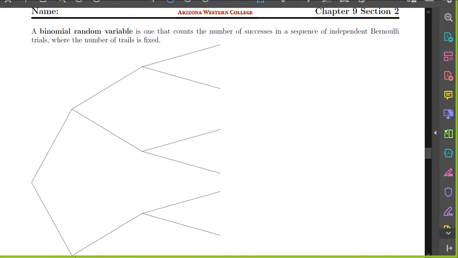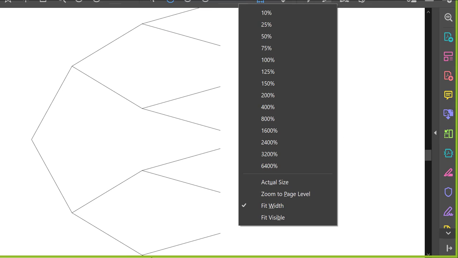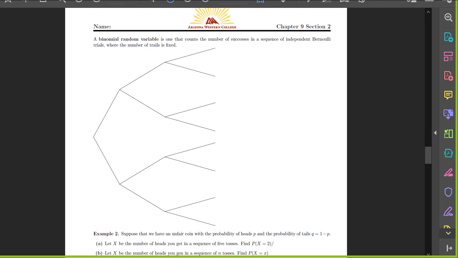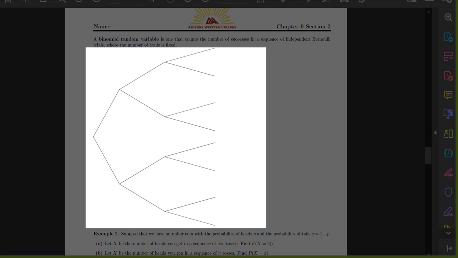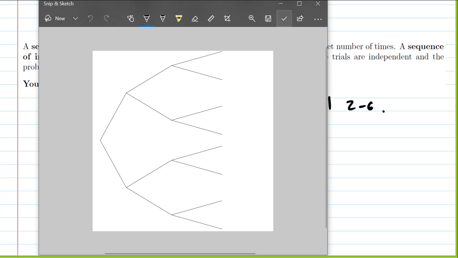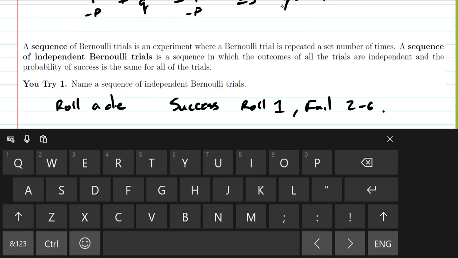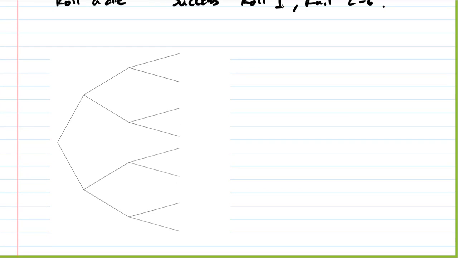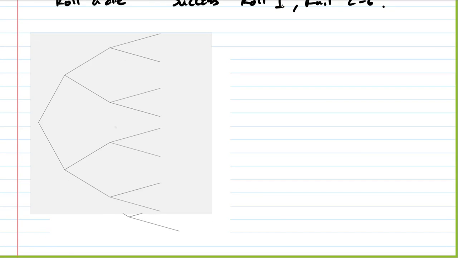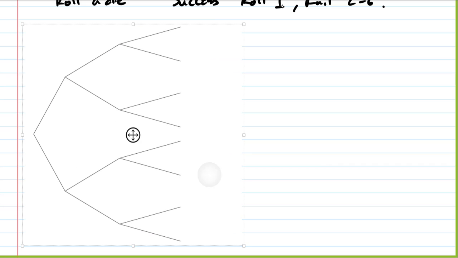All right, so a binomial random variable is a variable that counts the number of successes in a sequence of independent Bernoulli trials where the number of trials is fixed. So, for instance, if we had a tree diagram that looked something like this, we could illustrate what a sequence of Bernoulli trials would look like as successes and failures, right?